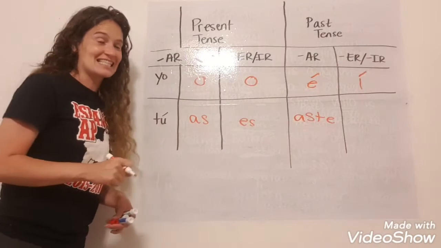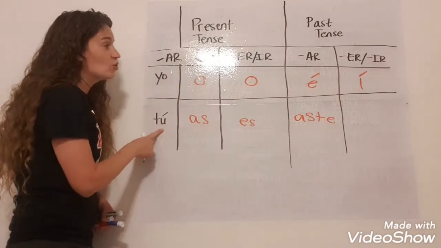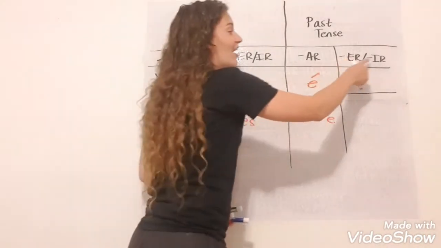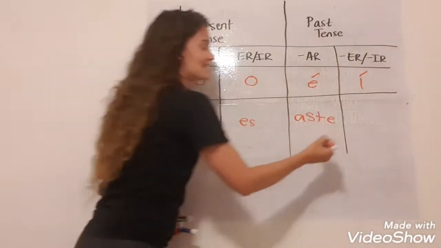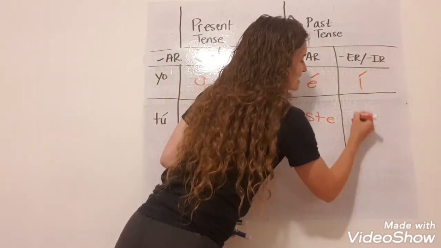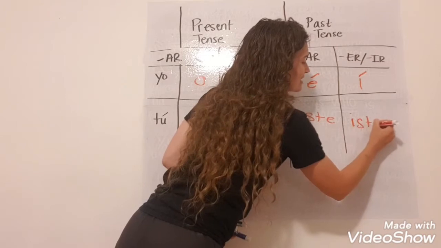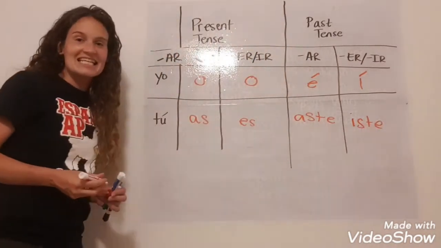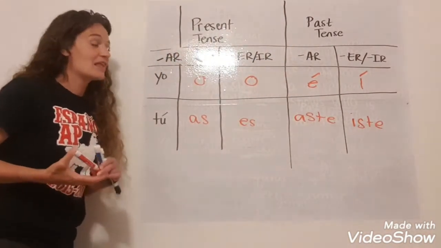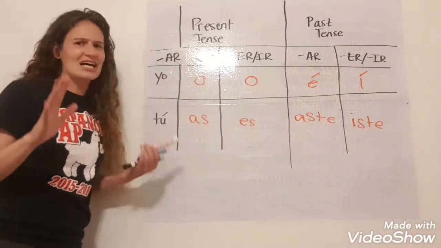A-S-T-E. Aste. The tú ending for ER and IR verbs in the past tense is iste. I-S-T-E. Iste.